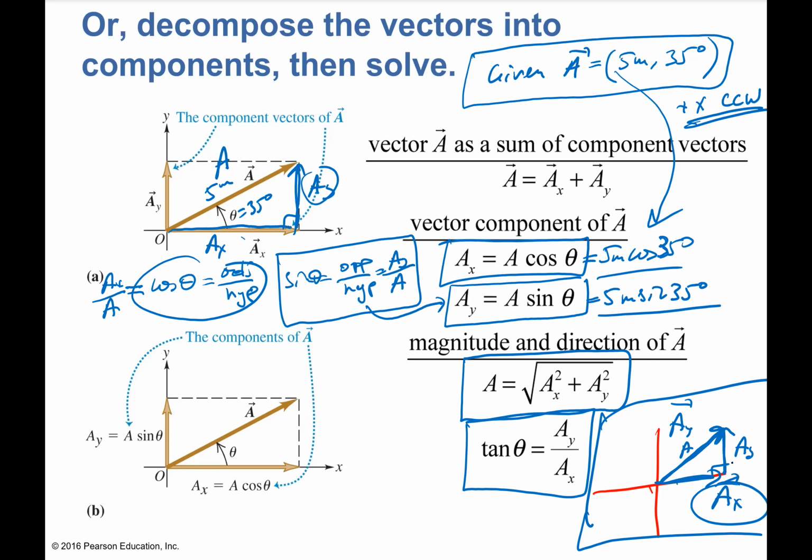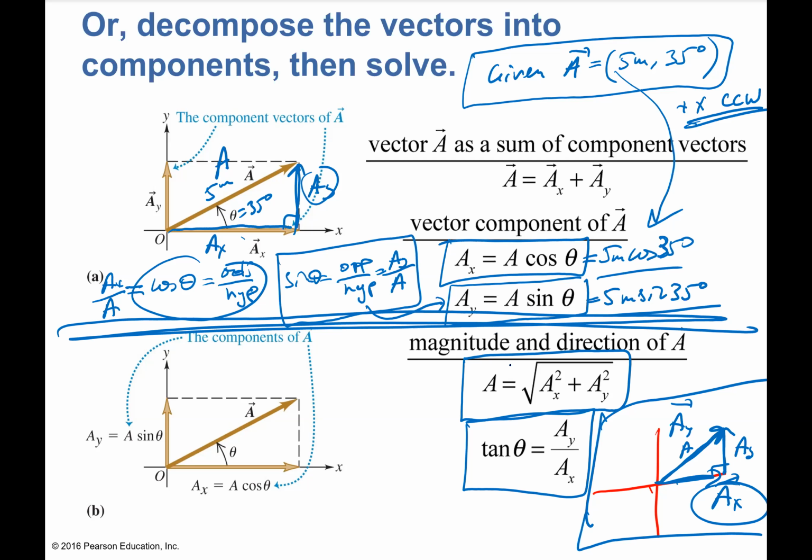So that's why it's a very straightforward way of representing a two-dimensional vector in terms of two one-dimensional vectors. If you have the components of a vector, then you can use the Pythagorean theorem to calculate its magnitude and direction.